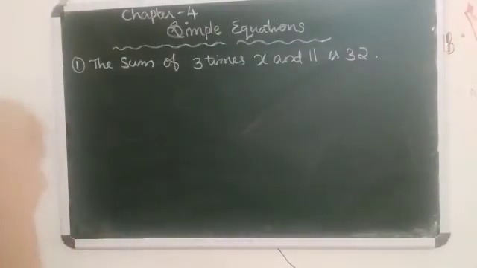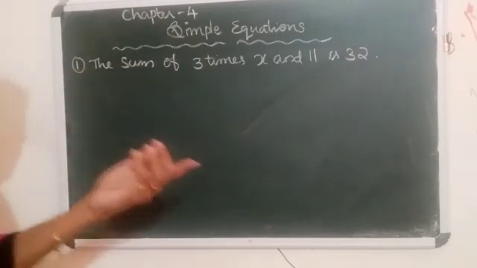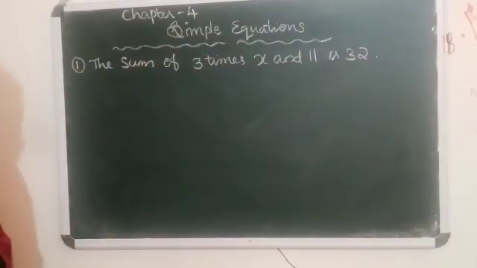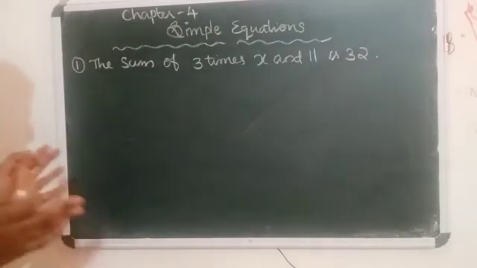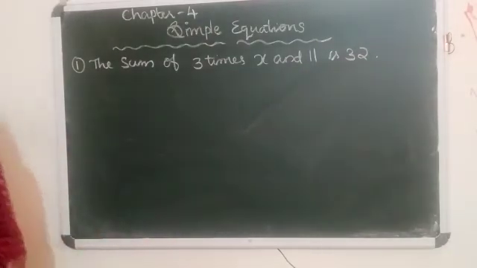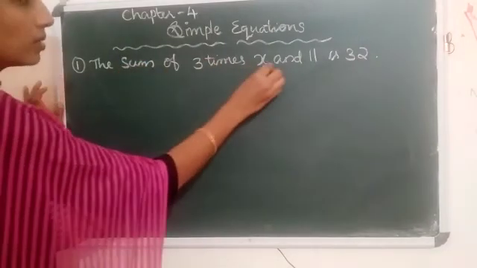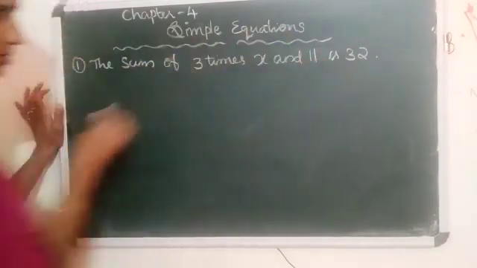Now we'll do some example problems given in your textbook. The question is: write the following statements in the form of equations. The first statement: the sum of 3 times x and 11 is 32. We need to form one equation. Sum of 3 times x and 11.